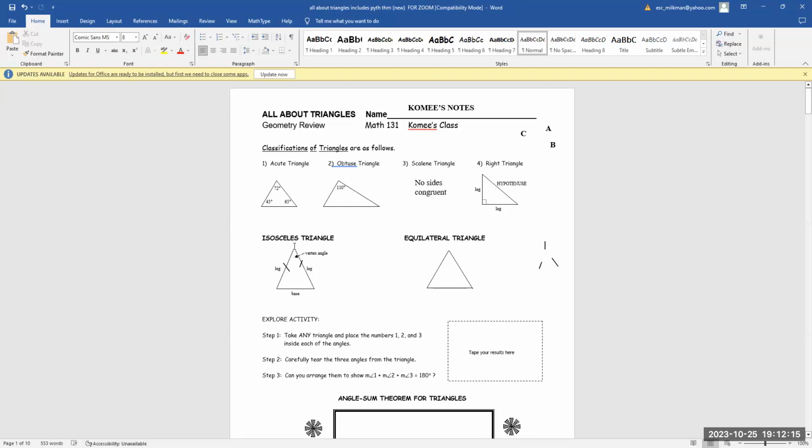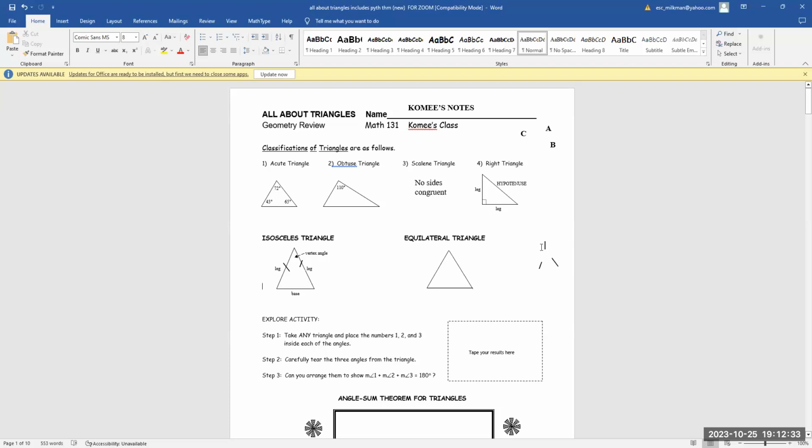We could draw a vertical line straight down from the vertex angle to the base, perpendicular to the base, and you would see that these two triangles formed are congruent to each other, so their base angles would be the same.